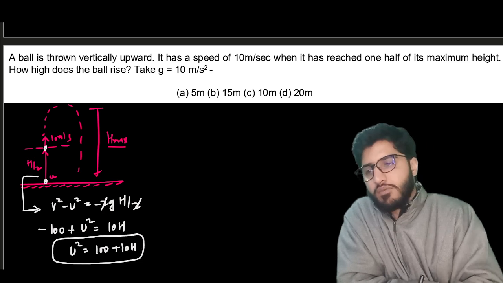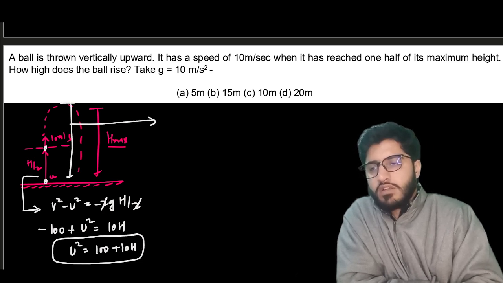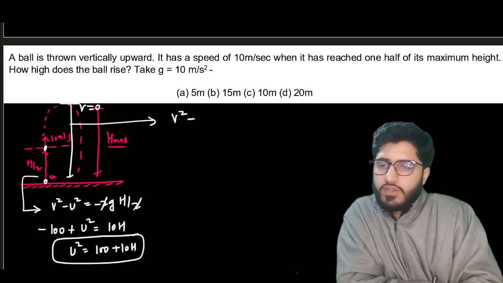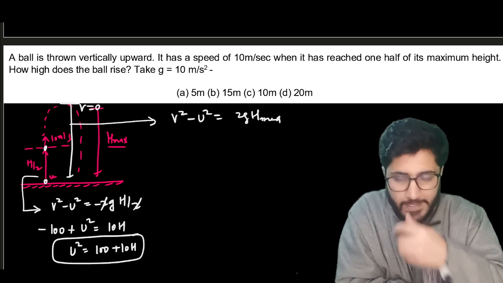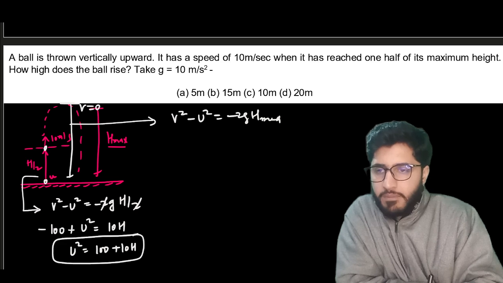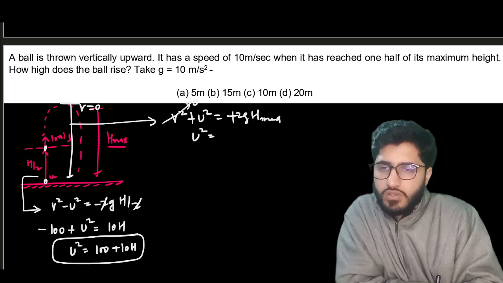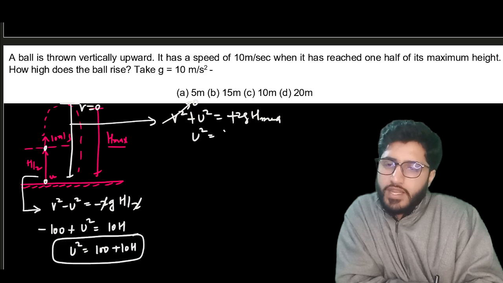The second is from this point to this one, where my final velocity is 0. I can use one more equation: v square minus u square equals 2g h max. So u square comes out to be 2 times g, and g is 10, so 20 h max.